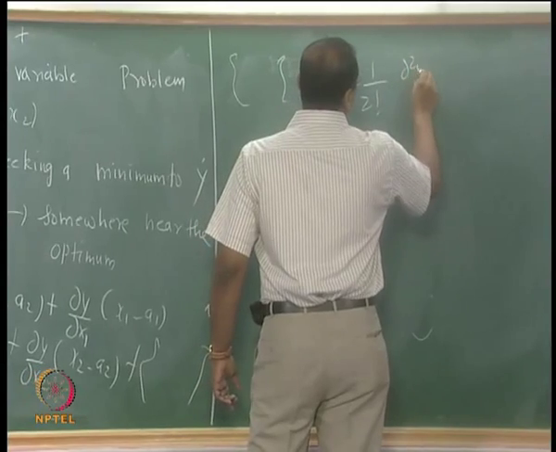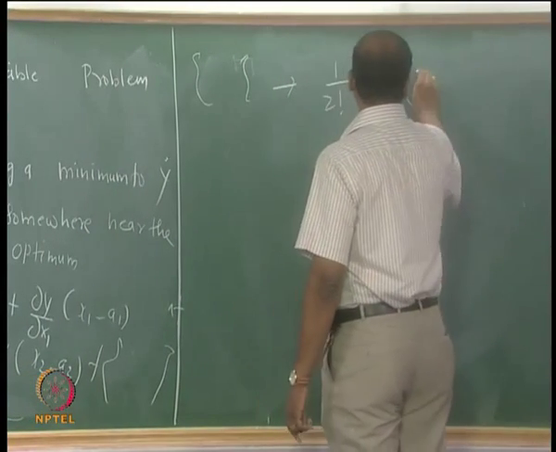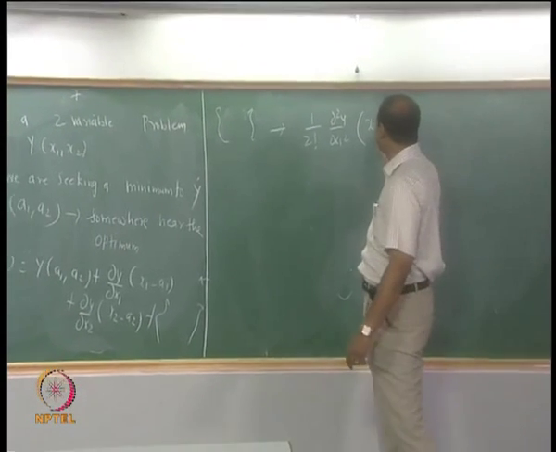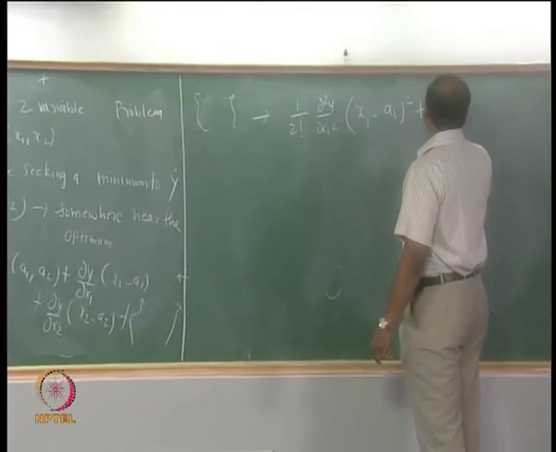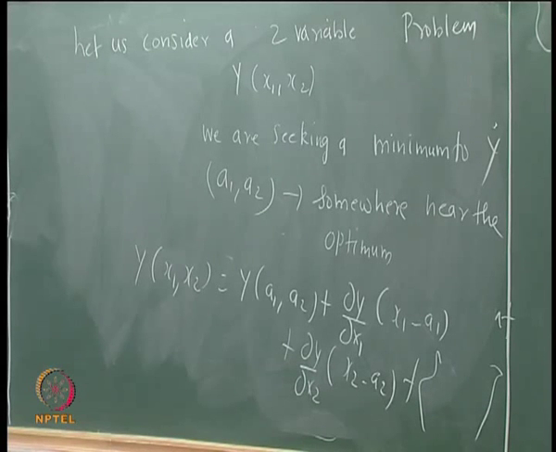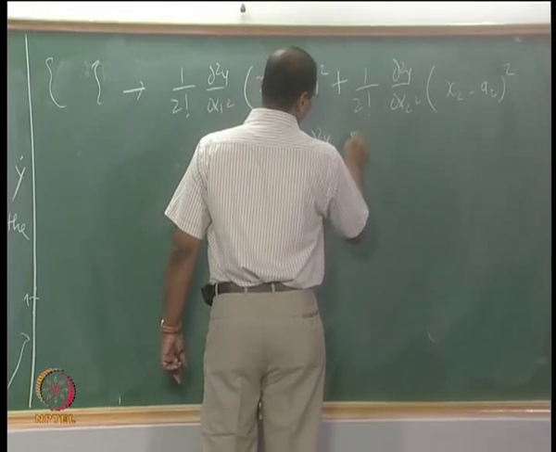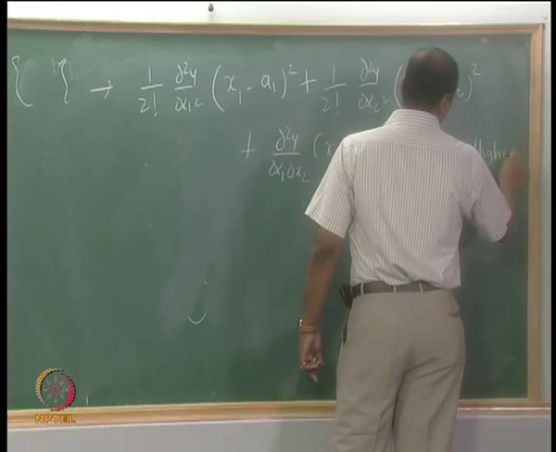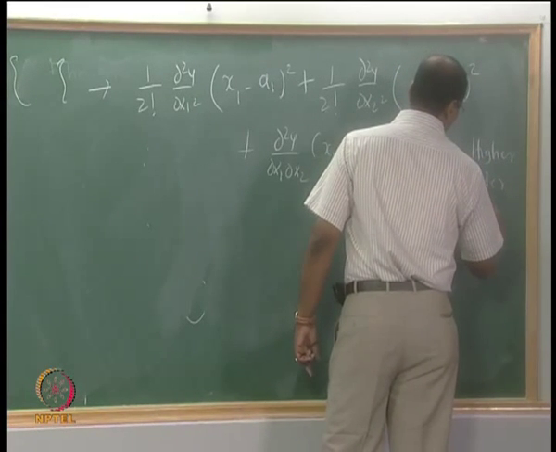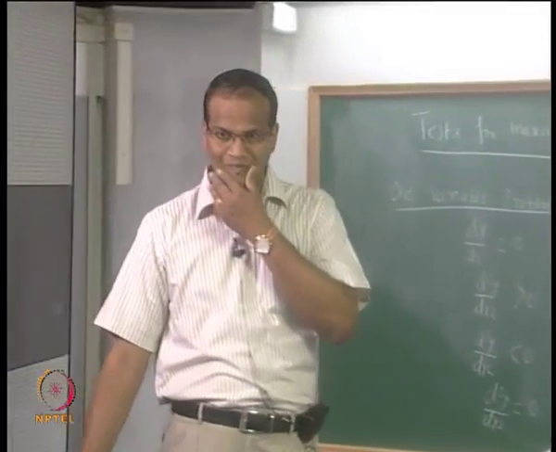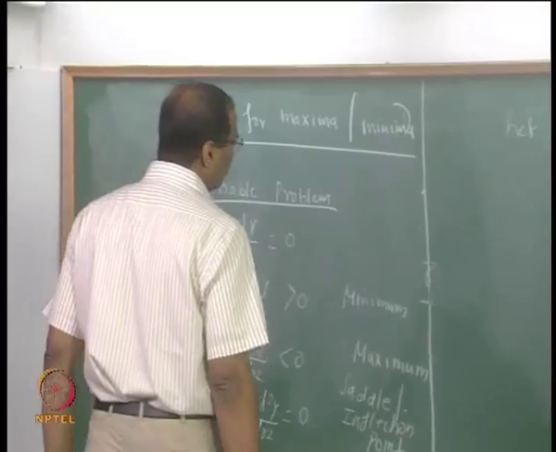One by 2 factorial into x1 minus whole square plus plus higher order terms. Let us leave the higher order terms, assuming the higher order terms do not contribute much.